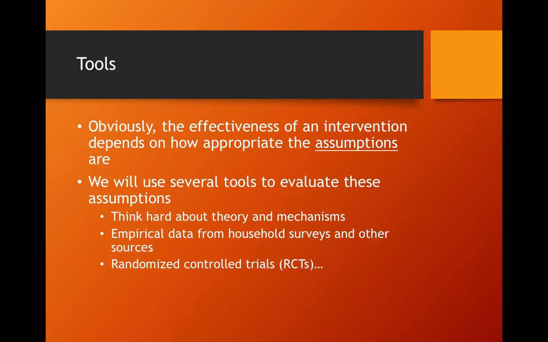And so Banerjee and Duflo are looking at empirical data from household surveys and other kinds of sources to investigate whether the patterns they find in the data are consistent with those assumptions. And then next, they rely upon these randomized controlled trials, which are a very powerful tool, and what they are used for is measuring the effectiveness of an intervention. Does it actually have an effect?